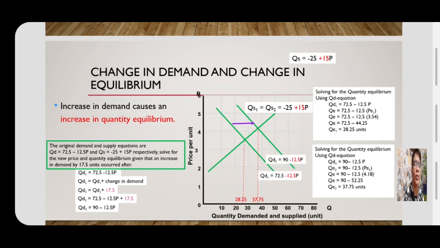So by substituting the original price equilibrium of 3.54 into the P of the original demand equation, we can now have the original quantity equilibrium of 28.25 units.